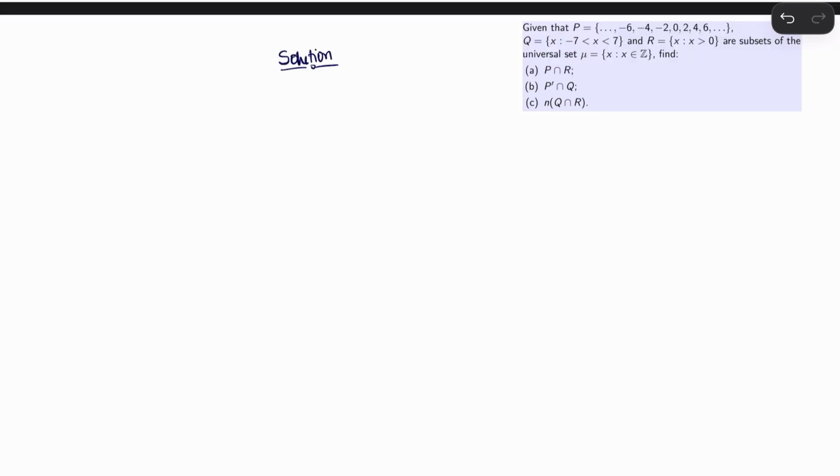Solution. Let's start with A. With A, we have to find P intersection R. P is defined to be the set of all even numbers, and R is defined to be the set of all numbers greater than 0. And so P intersection R will be giving us 2, 4, 6, 8, up to infinity, right?